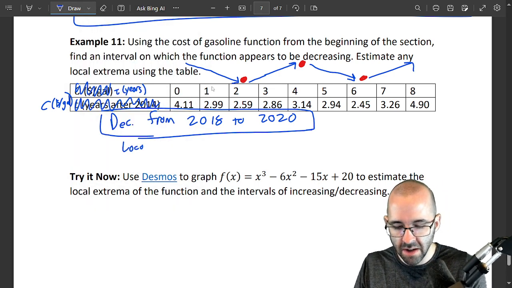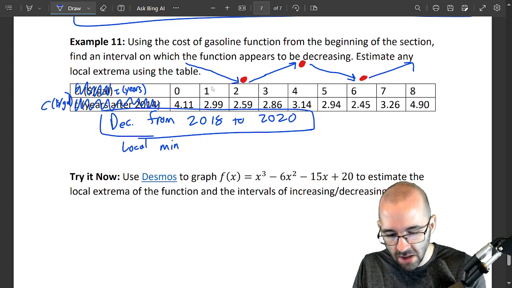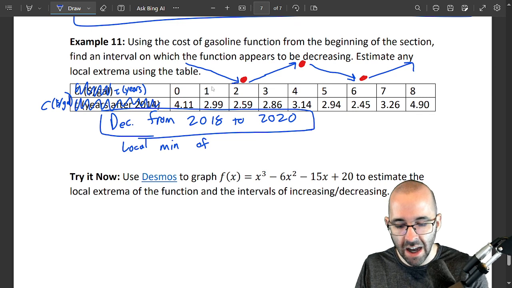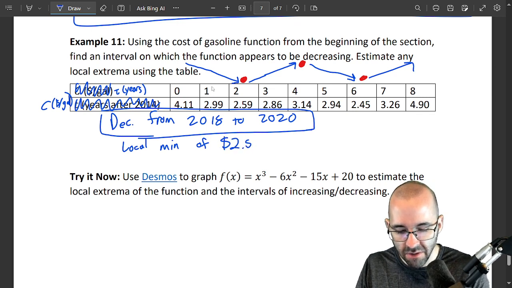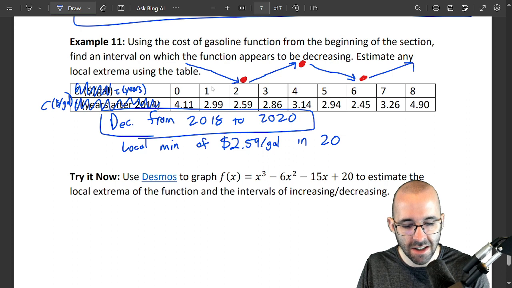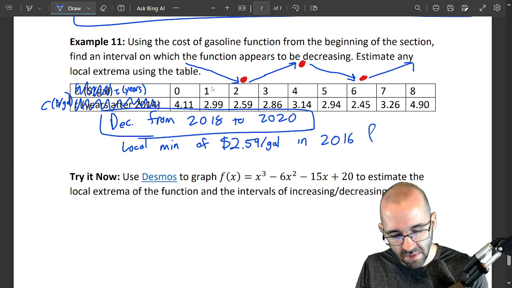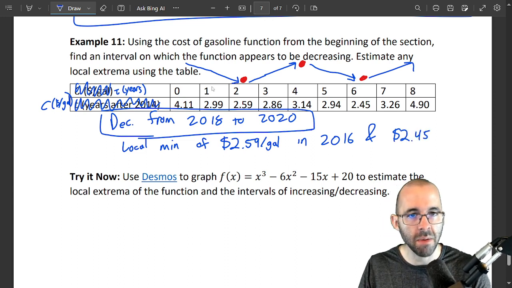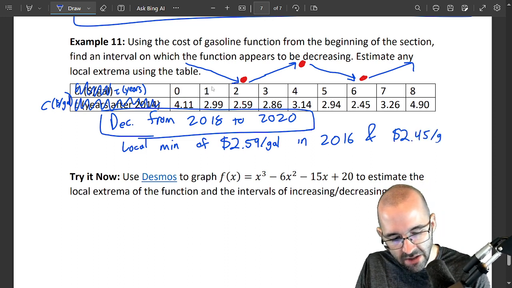We'll say local min of, remember how we phrase this, of the output, $2.59 per gallon in 2016, and a local minimum of $2.45, this other bottom red point, per gallon in 2020.